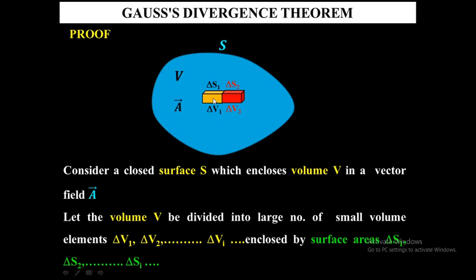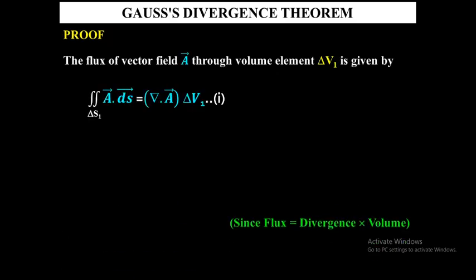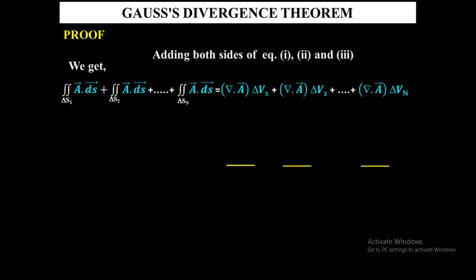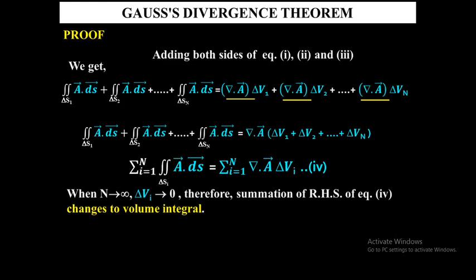It means the volume enclosed by each volume element tends to 0. So when the number of volume elements tends to infinity, the volume of each volume element, delta Vi, tends to 0.